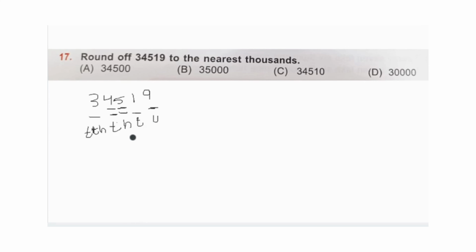So based on the rules of rounding off, if the number is 5 or greater than 5, you can round it off to the higher number, which in this case 4,519 will become 5,000, which can be written as 35,000.